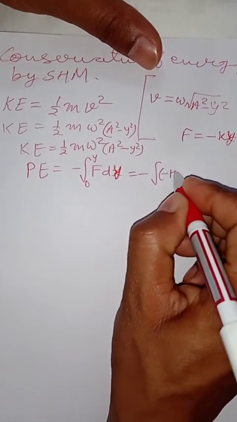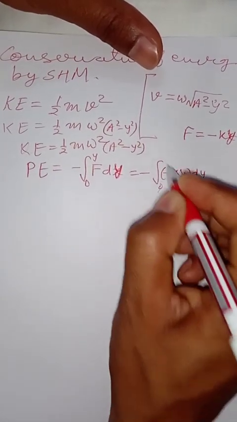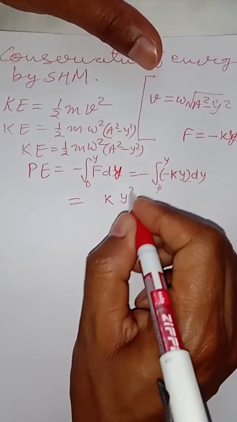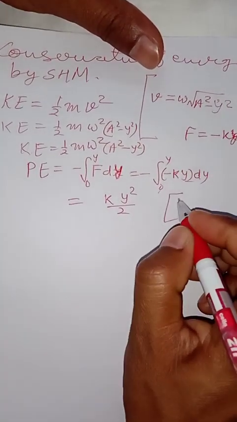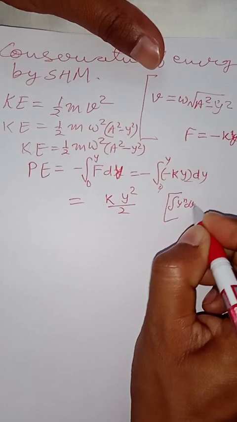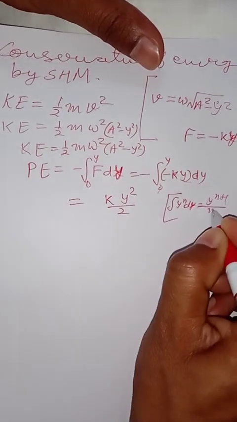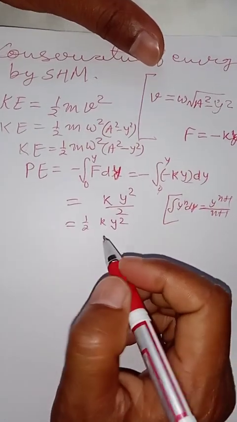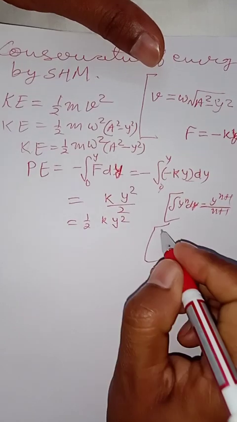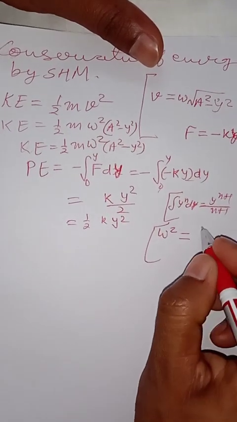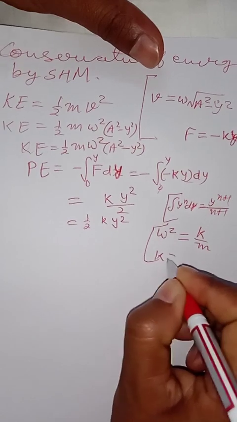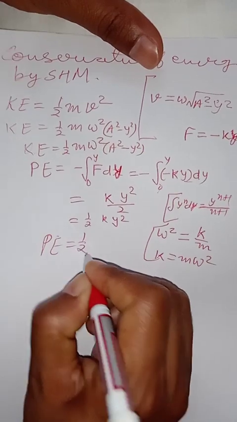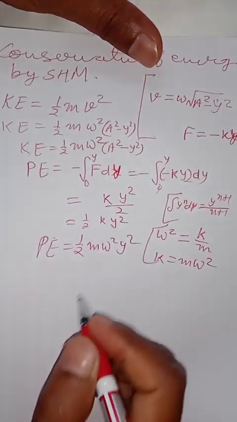So minus of ky dy, limit 0 to y, will be positive, and then ky dy is y square by 2, because of the integration rule, y to the power n dy equals y to the power n plus 1 upon n plus 1. So it is half k y square. Now what is this k? We have done it many times: omega square equals k by m. So this k is actually m omega square. So the potential energy is equal to half m omega square y square, and that's all.